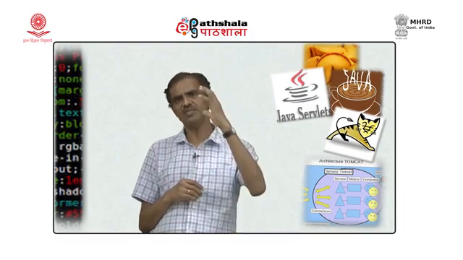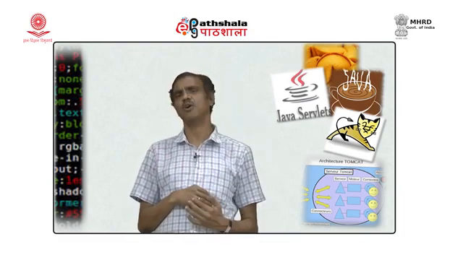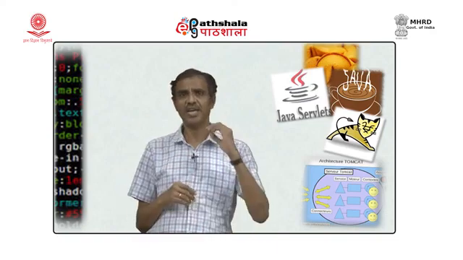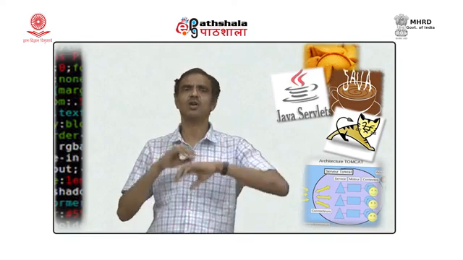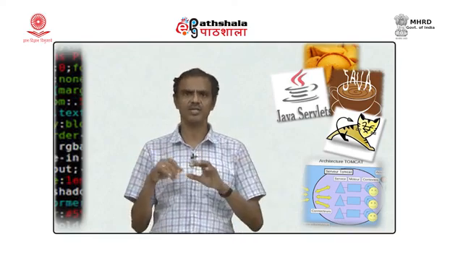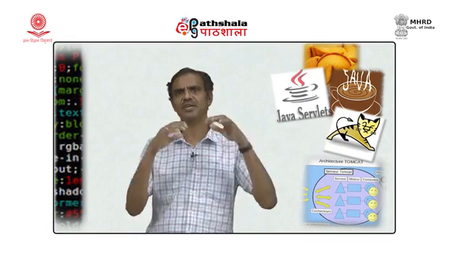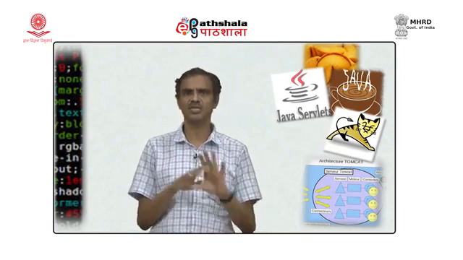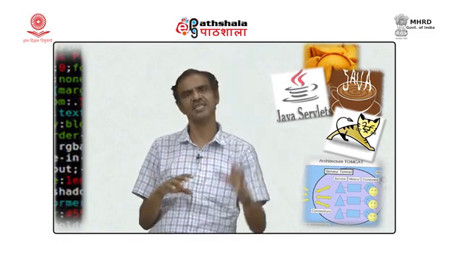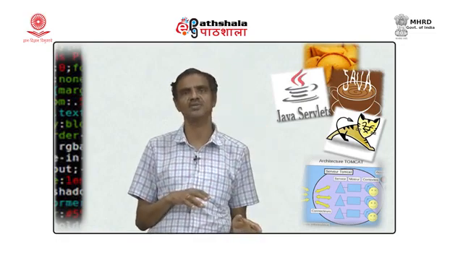Now, the idea of c:catch is that within the body of the JSP, if an exception occurs, it is not going to come out. Instead, it will continue processing after the c:catch. So, c:catch catches any exception that occurs here, and you can continue after that.